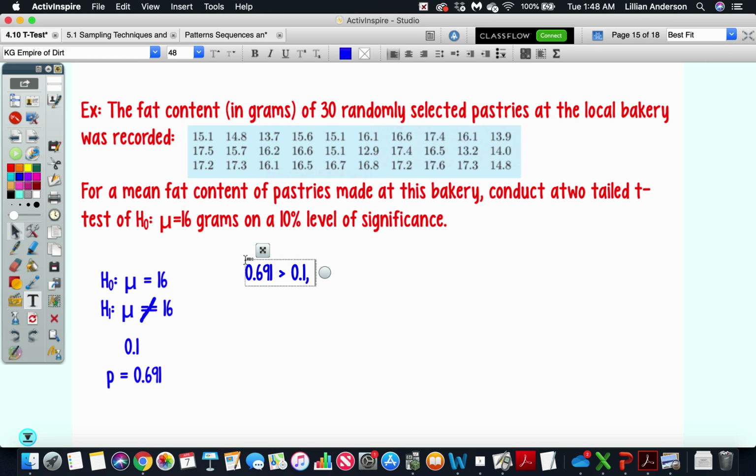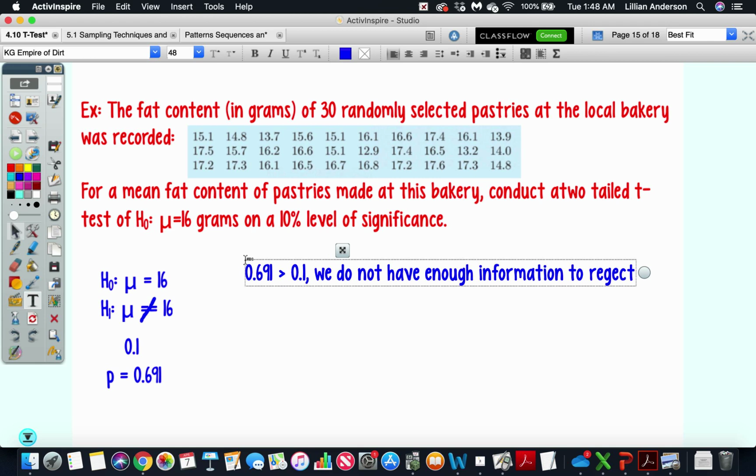Okay, so that means we do not have enough information to reject our null hypothesis.